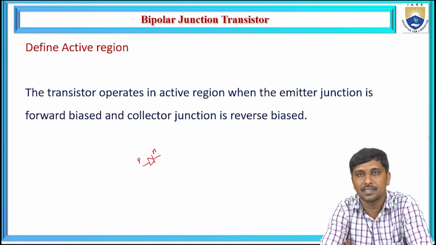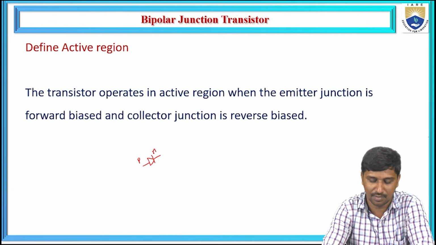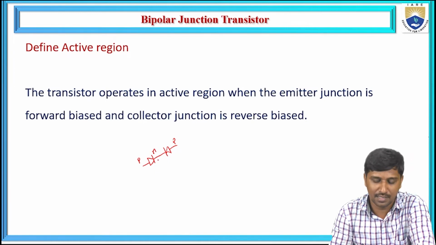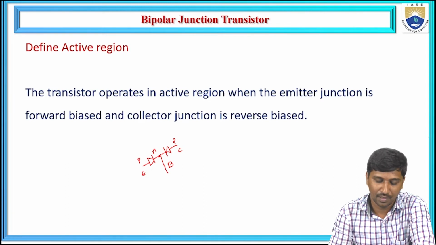When two PN junctions are connected back to back, it is called a transistor. Suppose this is one PN and, back to back, another PN, this is P and N. So two PN junctions connected back to back form one transistor. Hence, it contains three terminals. Whenever the two terminals are interconnected, that is the base. One terminal is the emitter, and another terminal is the collector.